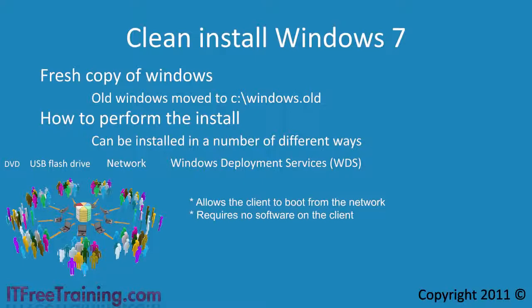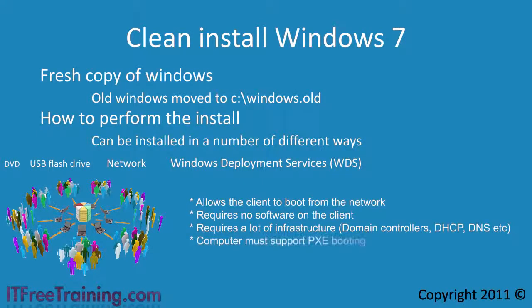The biggest disadvantage of WDS is that it requires a lot of infrastructure to work. In order to use it, you need to have installed Active Directory, DHCP, and DNS. The computer you are installing to must support PXE booting. All network cards on the market nowadays should have this feature.